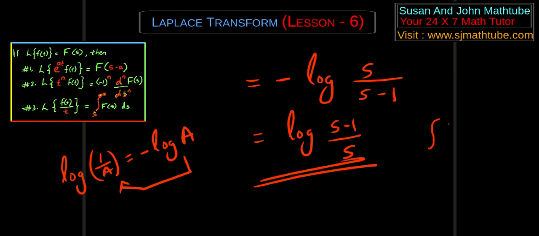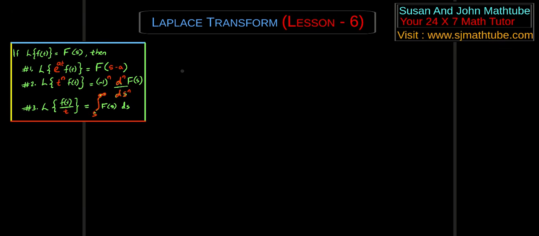And to be honest, integral 1 by x, they will write as ln x itself, because ln x stands for log x to the base e. Anyway, we still follow this notation, but you should always remember this is to the base e. But the proper way of writing is ln x. So let's move on to the next question.